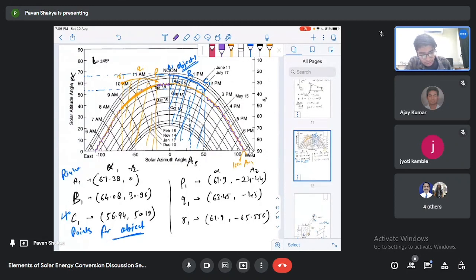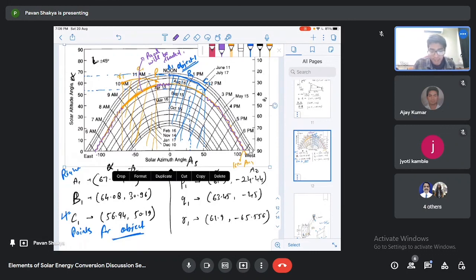Okay. So for this time the panel will be shaded. Okay, so the time is written like 8 a.m. So you can assume that the time is around 8:30 a.m. So you can say that before 8:30 a.m. the PV panel will not be shaded.